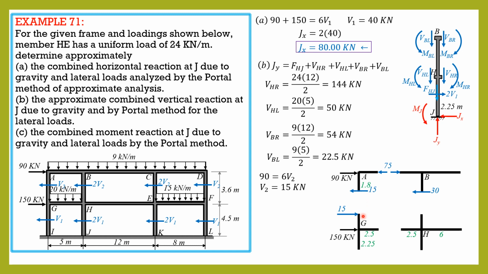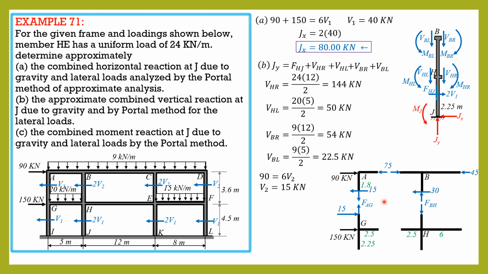So call this FAG. Let's assume tension, but it is obviously tension. Call this force, axial force in VH due to lateral load, and that's 45. Shear is not important. So to solve for FAG, consider this free body diagram, summation of moment about this point, which is AB, equals 0.